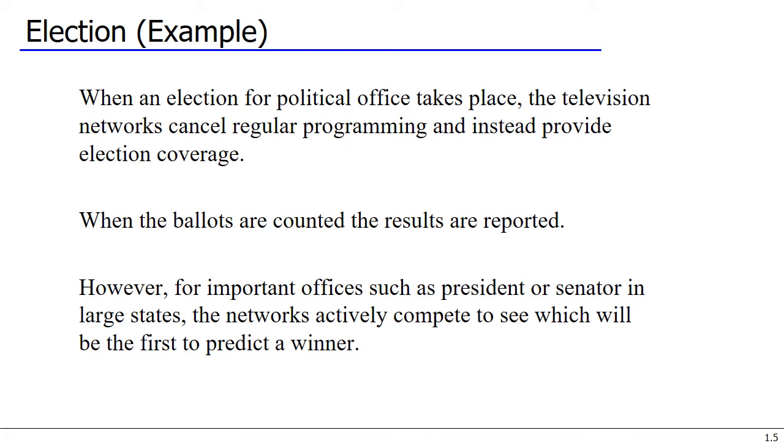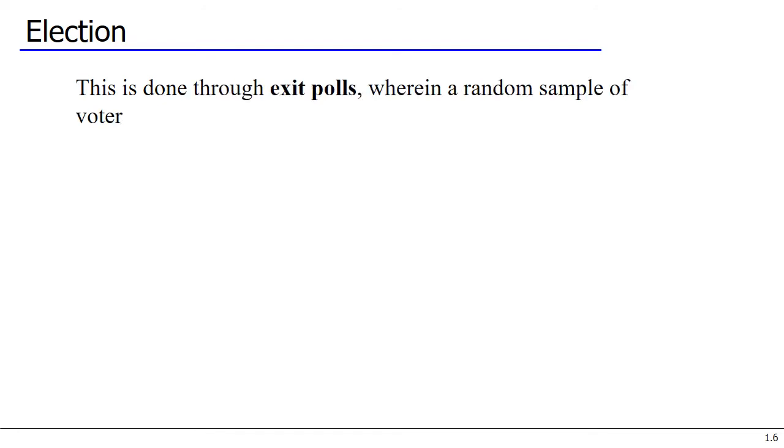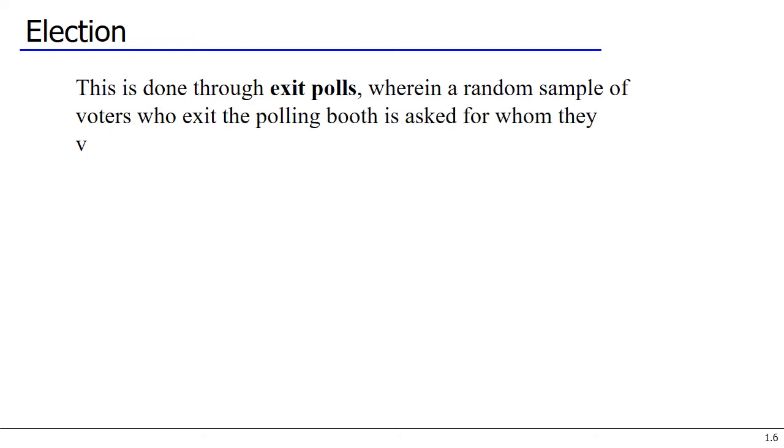However, for important offices such as president or senator in large states, the networks actively compete to see which will be the first to predict the winner. This is done through exit polls, wherein a random sample of voters who exit the polling booth is asked for whom they voted.